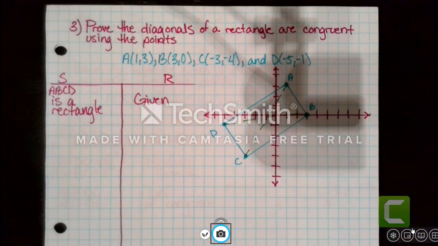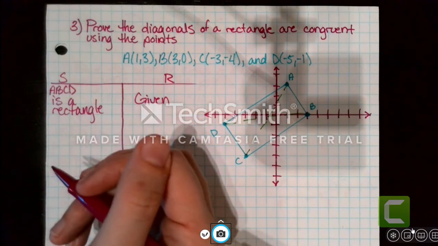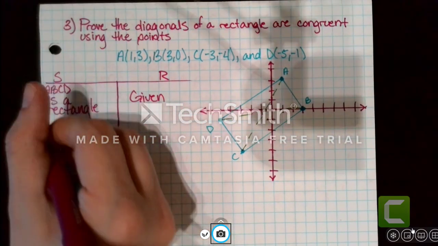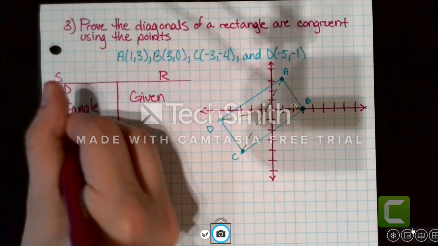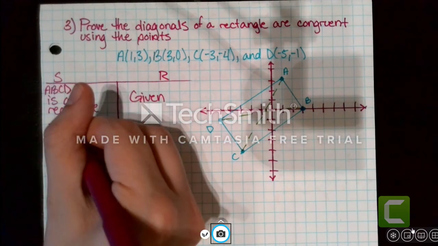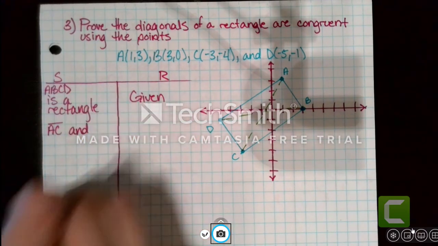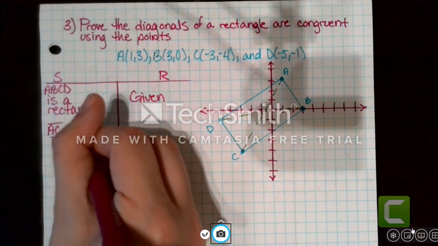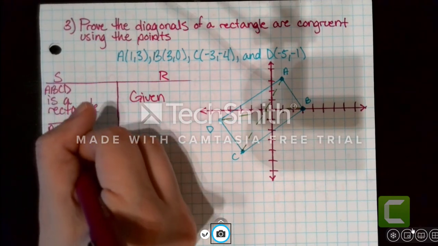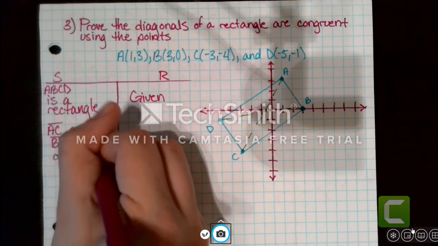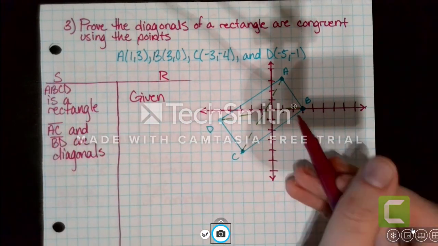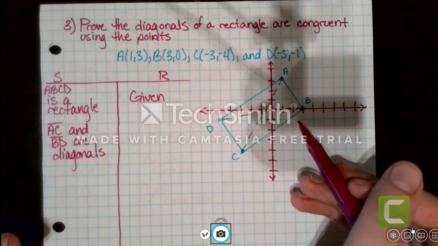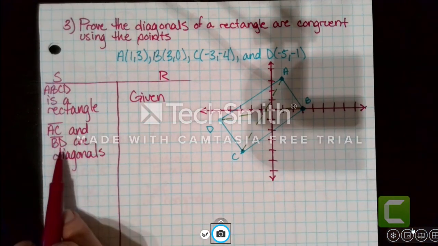Your second statement should be that segment AC and segment BD are diagonals. And again, we're using what we know about the definition and the key word of diagonals to declare that these exist.